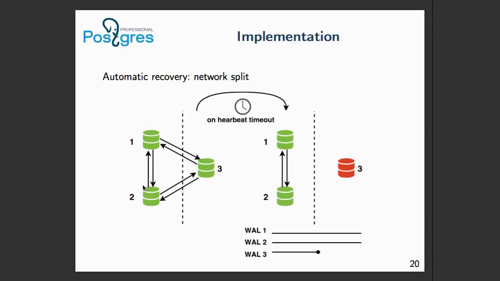And after some timeout, that node will be pushed away from the cluster, and the two nodes will continue to work as a cluster of two nodes. And there are write-ahead log streams. So at some point in time, the write-ahead log for node 3 stops, and the two other nodes proceed.